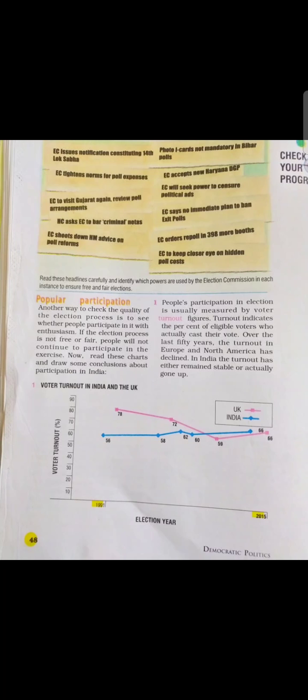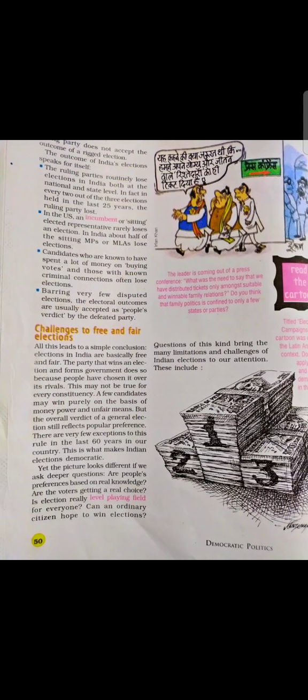This shows that Indian voters are well aware of the functioning of government, and they do not re-elect those representatives who fail in fulfilling their promises. Candidates with money and muscle power also lose elections. The outcome of the elections is normally accepted by the defeated party.